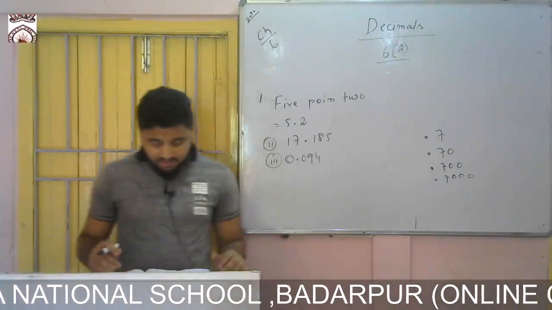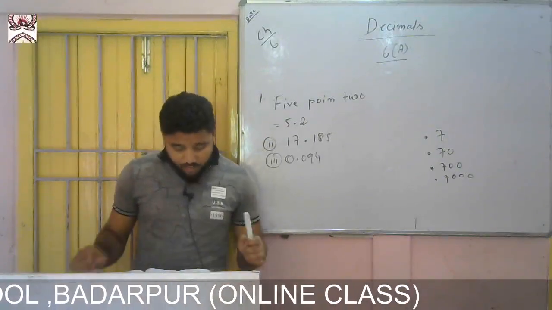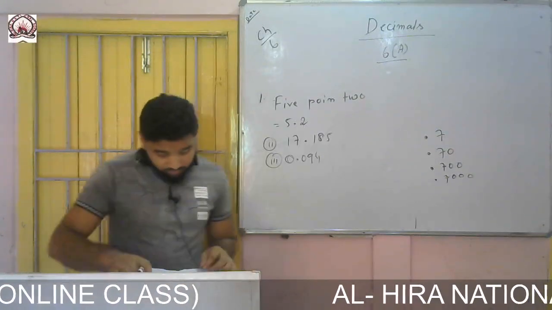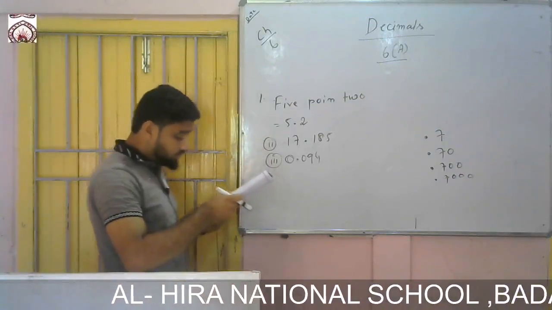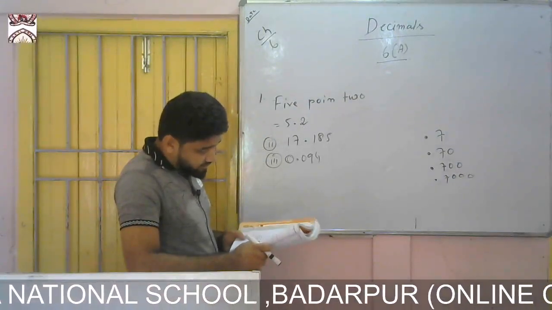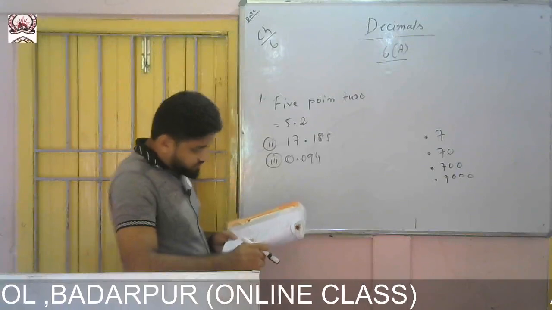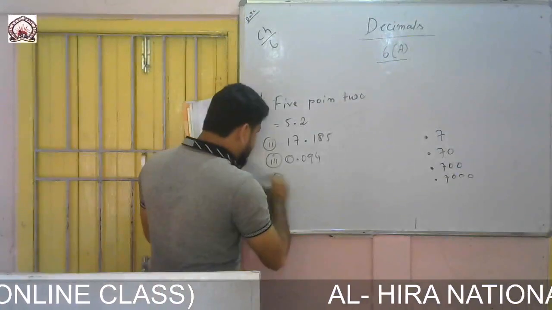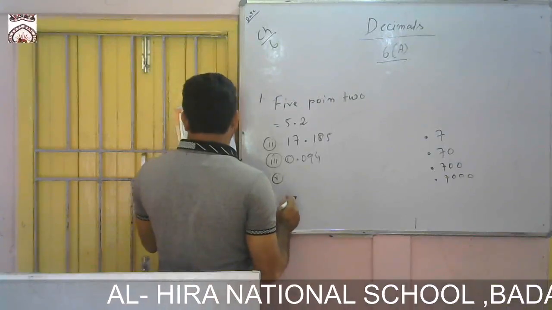So come to question number 5, Roman 5. What is there, you see, 1 and 98 hundredths.